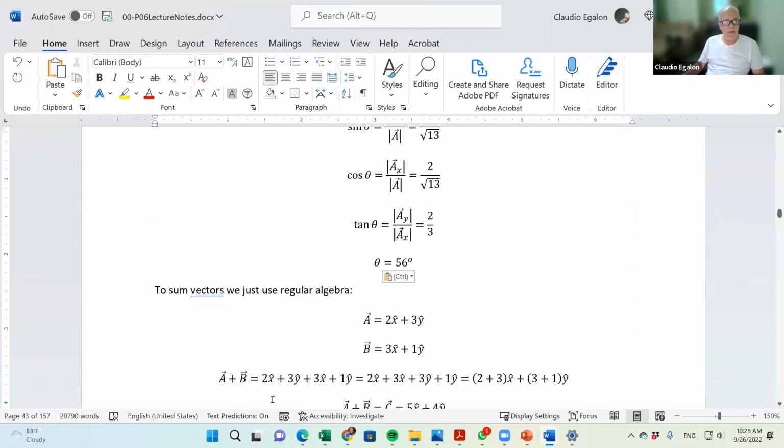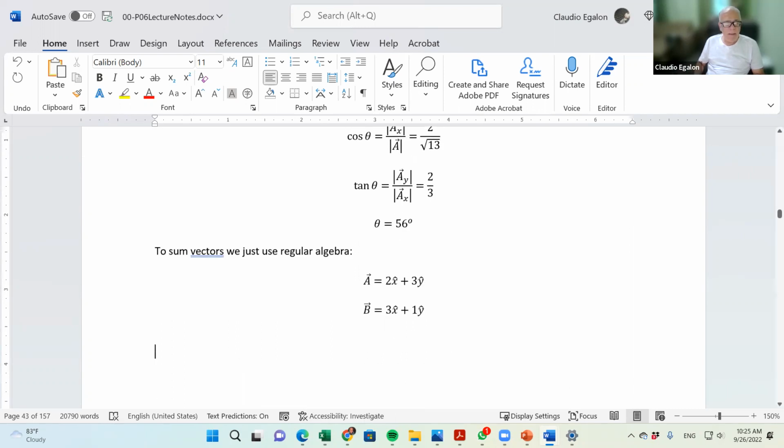Okay, so A plus B. I think it's better if I do it from scratch, so you see the derivation in real time and you don't see the solution, right? So here you go, A plus B. This is A, right? Next is gonna be B.